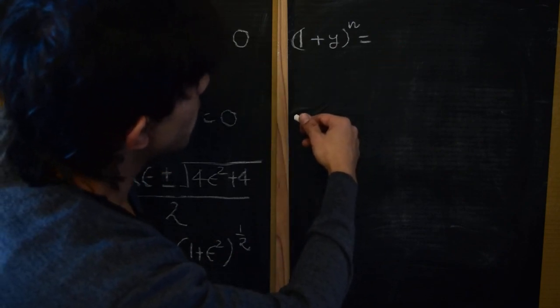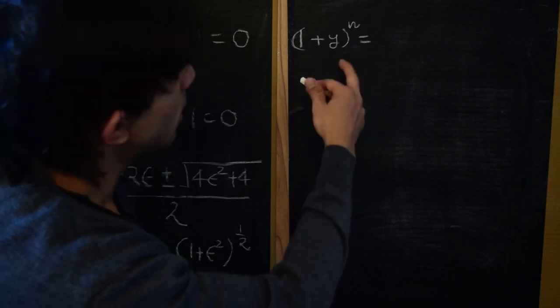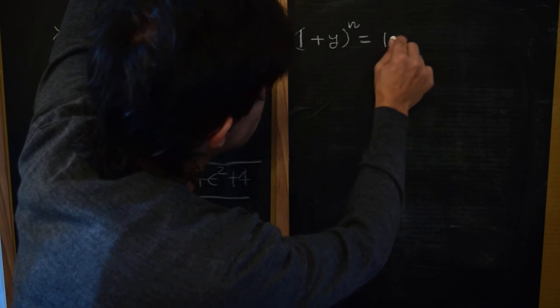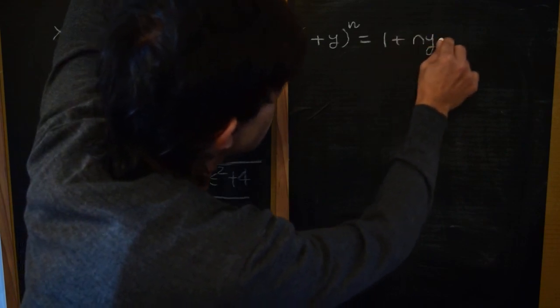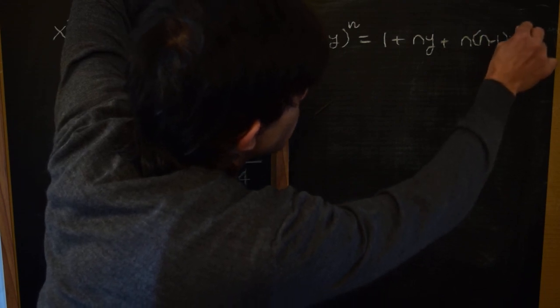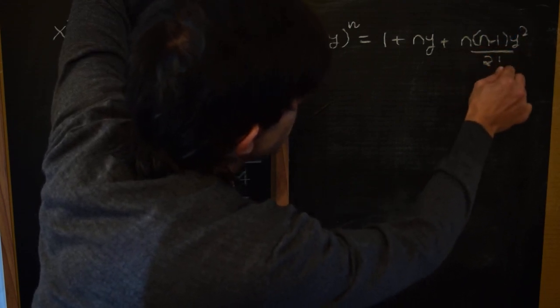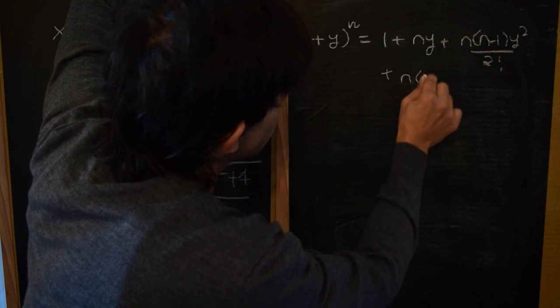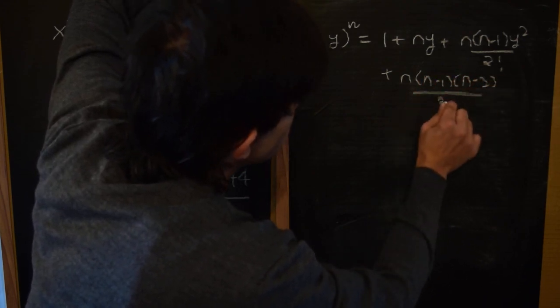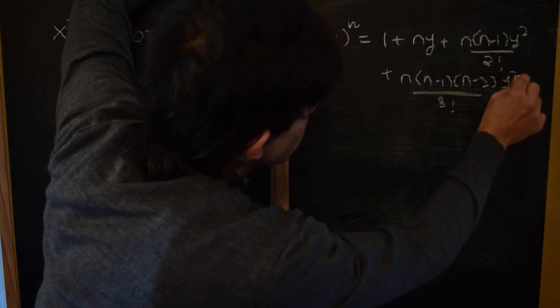We can expand this in the form of a power series in powers of y, and it reads 1 plus ny plus n times n minus 1 y square over 2 factorial plus n times n minus 1 times n minus 2 divided by 3 factorial y cube, and so on.